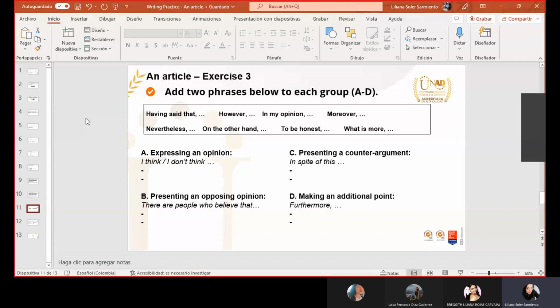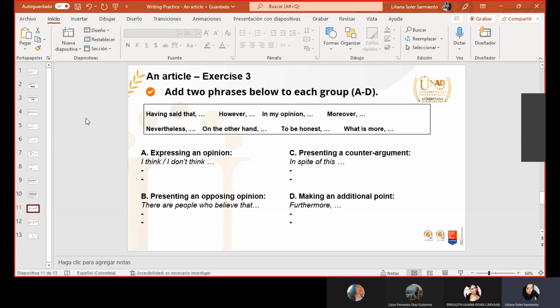What other phrases do you think could be here? In my opinion, yes, exactly. What one other do you think? To be honest, yes, very good.